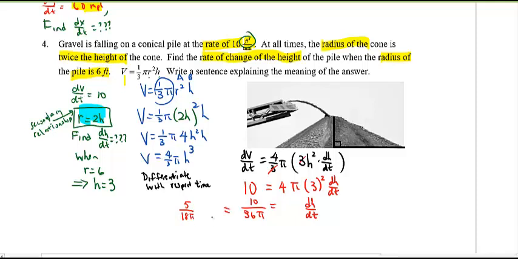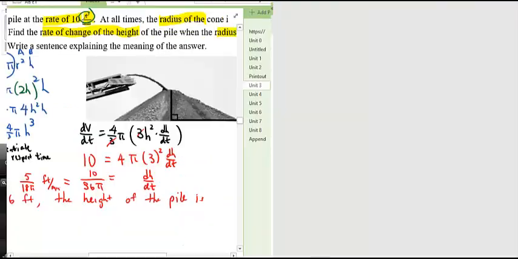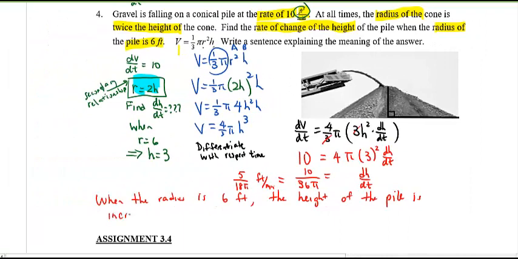And our units here, please. Yeah, feet per minute. And as a sentence to finish us off, I'll say when the radius is 6 feet, the height of the pile is, once again because it's positive, the height of the pile is increasing at a rate of 5/18 pi.